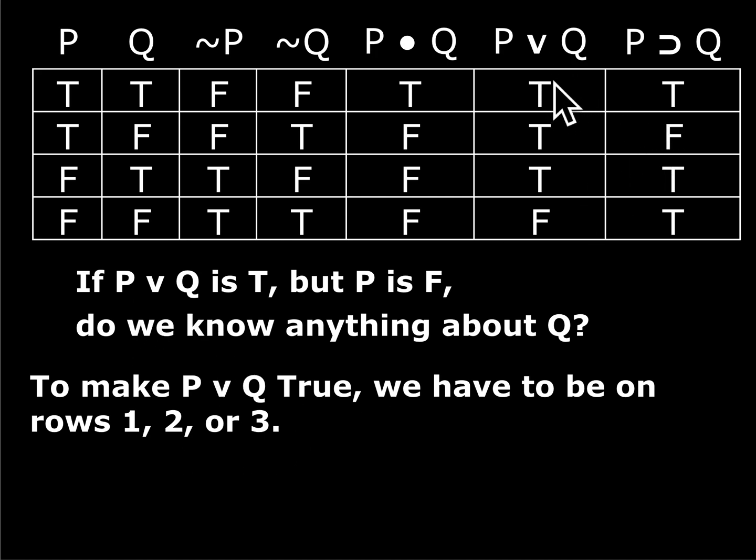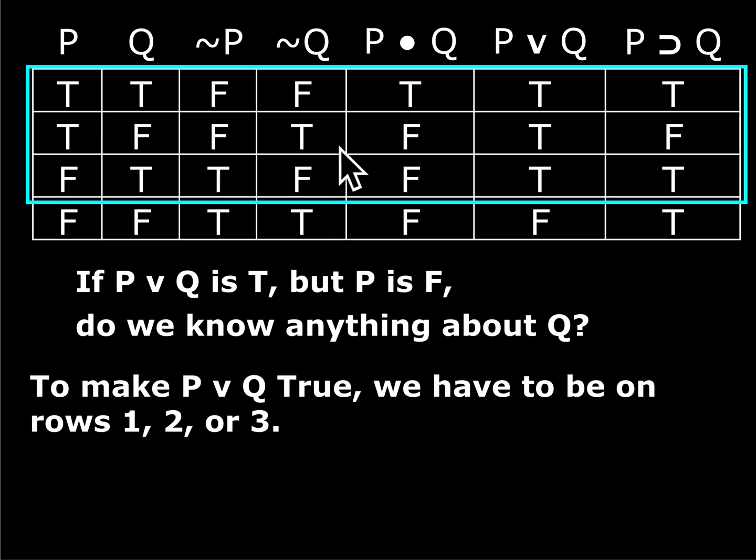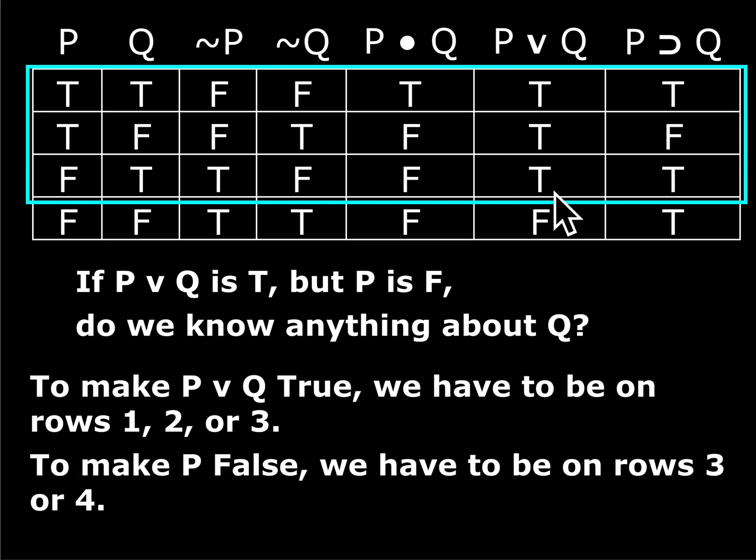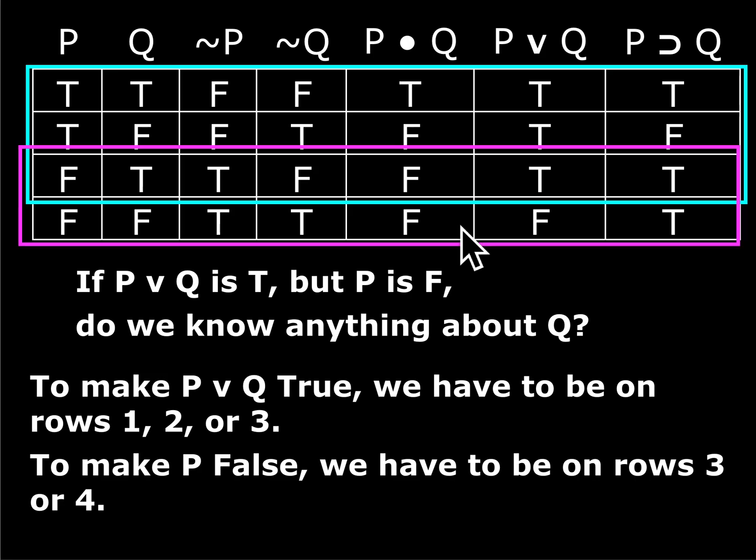So these are the situations where this first condition is true. To make P false, we have to be on rows 3 or 4. So rows 3 and 4 are where P is false, or not P is true.